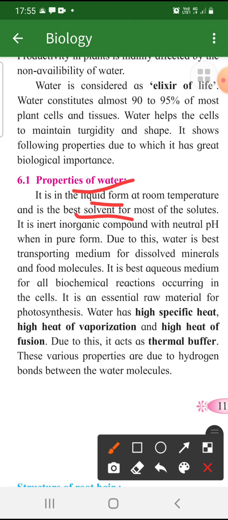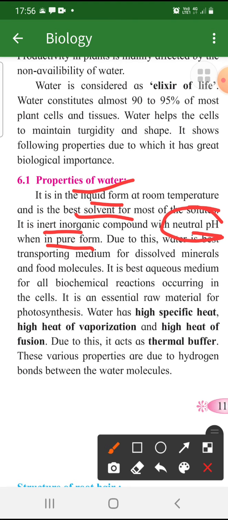And it has pH neutral, and it's an inert inorganic compound. One more thing, when this water is mixed with something, the pH is not neutral. We are talking about the pure form of water. जब पानी प्योर फॉर्म होता है तो उसका जो pH होता है वो न्यूट्रल होता है, राइट?